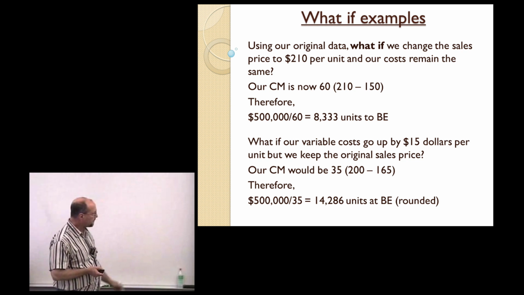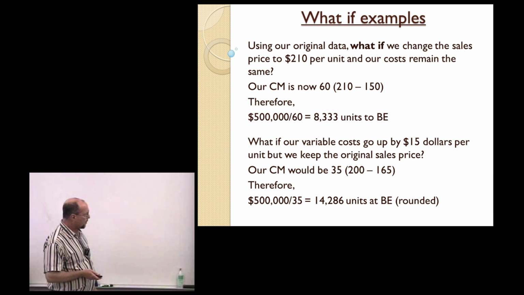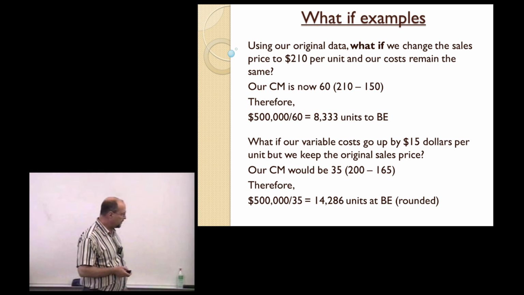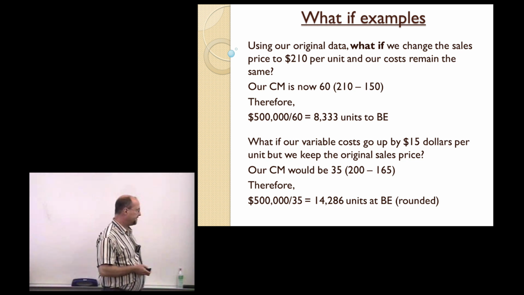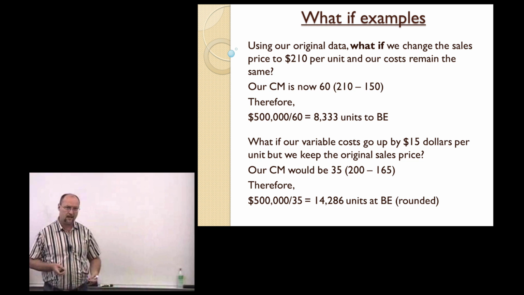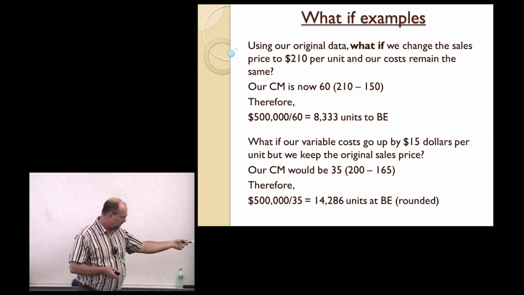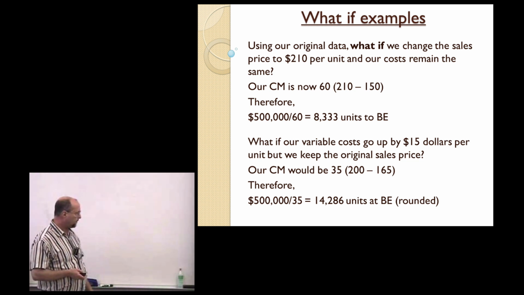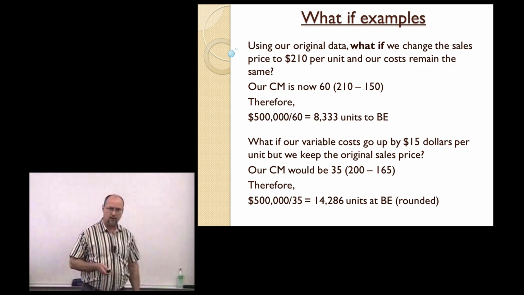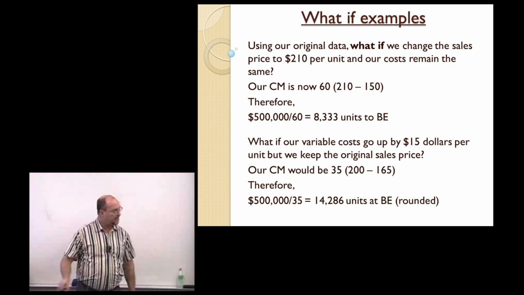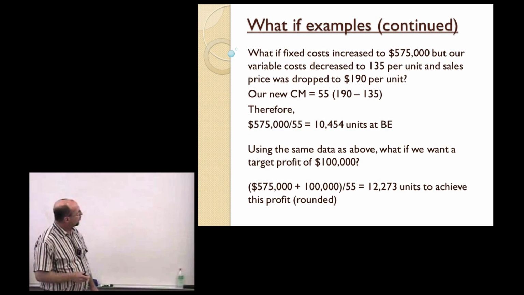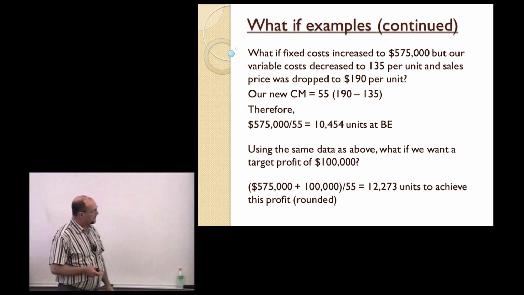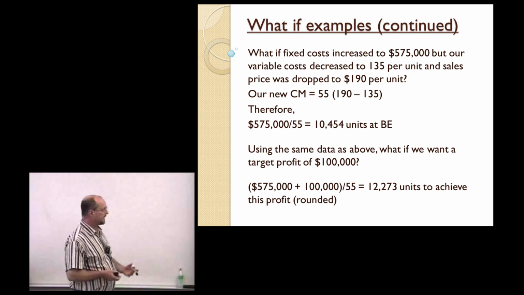What if variable costs go up by $15 per unit, but we keep the original sales price? Okay, original sales 200, new variable costs 165, contribution margin is now only 35 per unit. Notice our formula is going to take over 14,000 units to break even. Okay, continuing. What if fixed costs increase to 575? Maybe we bought some new machines, better technology.